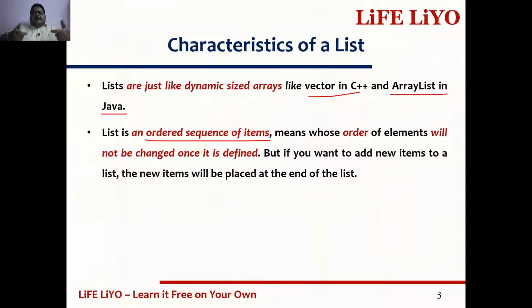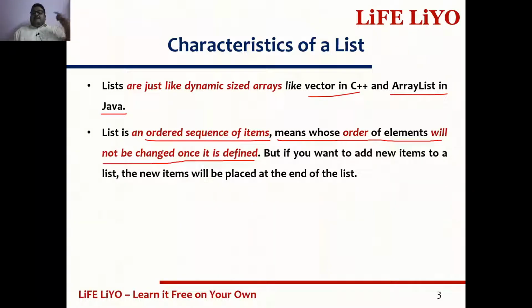When we are creating or initializing a list, there will be an order: first which element to be stored, second which element, third which element. The order of the elements cannot be changed. That's why a list is called ordered, meaning the order of elements will not change once it is defined.